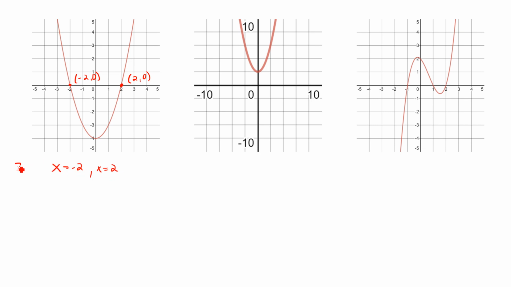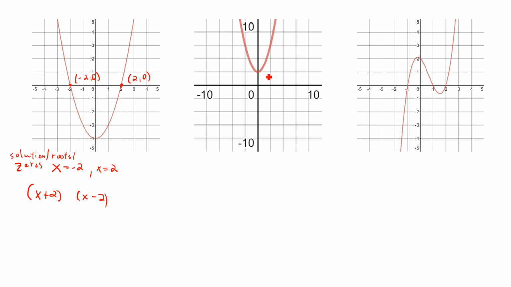These are your zeros, or your solutions, also called your roots. Now, your factors, from what I can tell here, are going to be x plus 2 because of the -2. Remember, we're changing that value, and then x minus 2 right there.